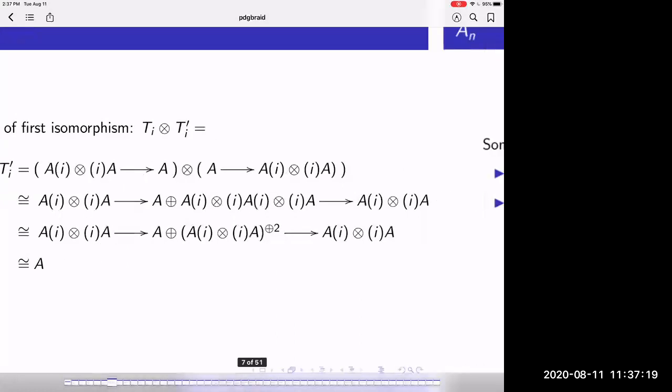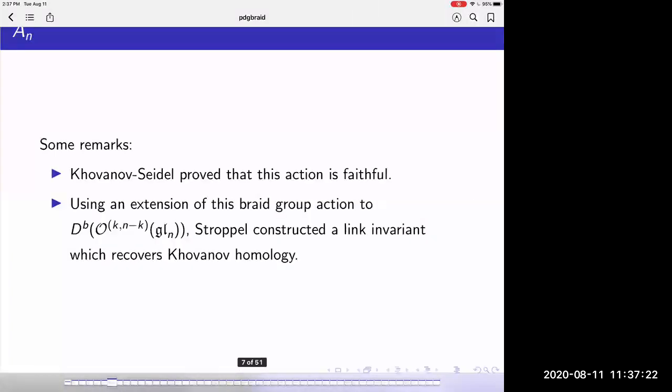Okay, and so just a couple of remarks. Khovanov and Seidel, in their paper, prove that this action is faithful. This is a little bit surprising because this categorifies the braid group's Burau representation, and at the level of the group, the action is not faithful. So you get some extra information from categorification.